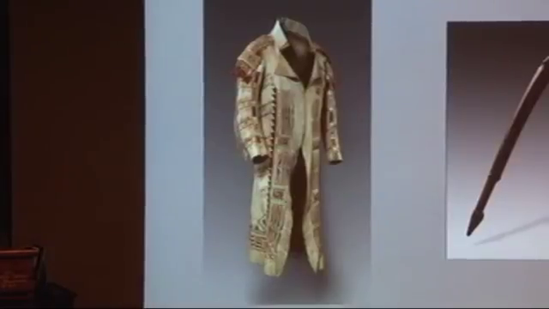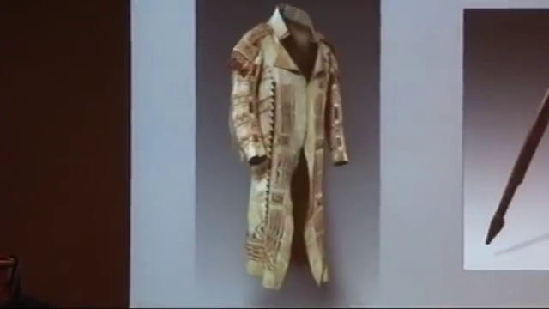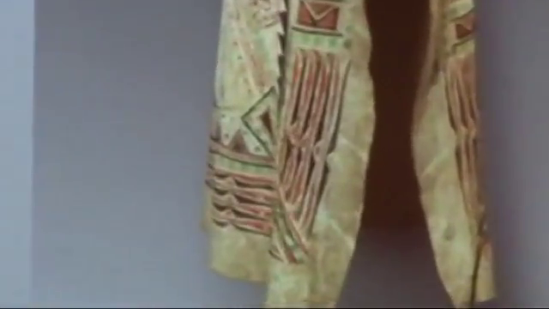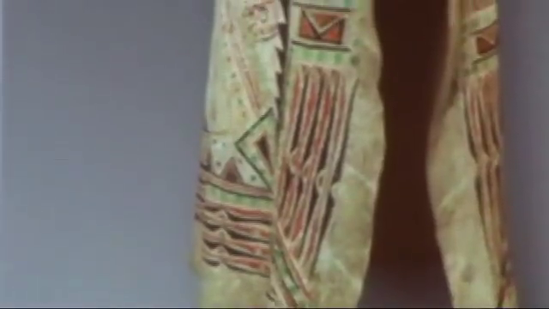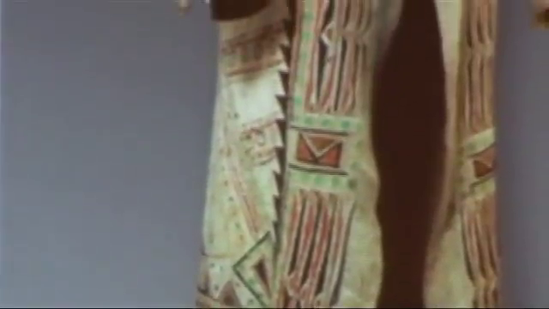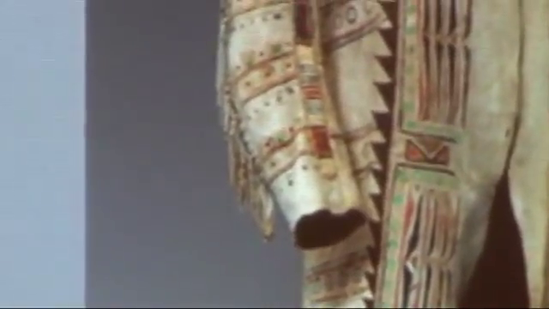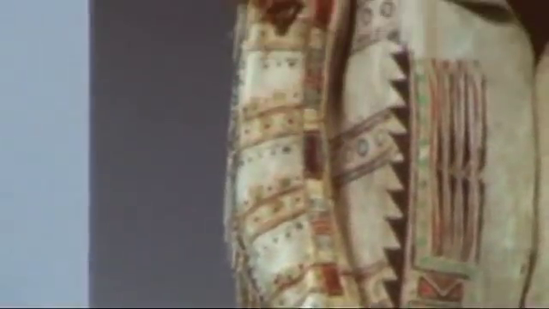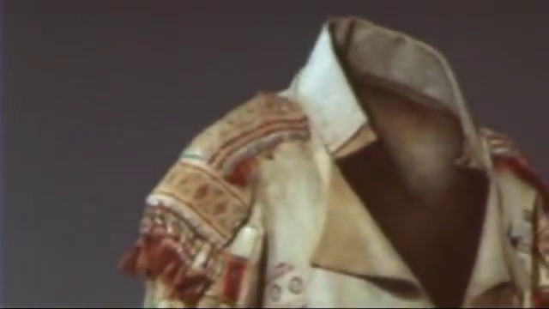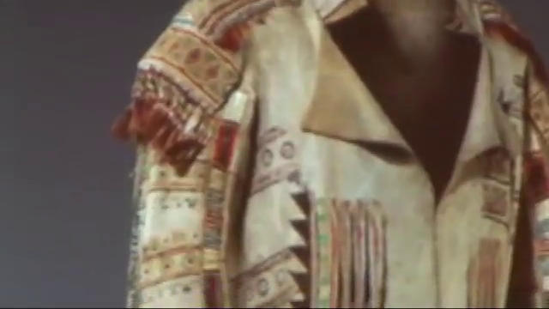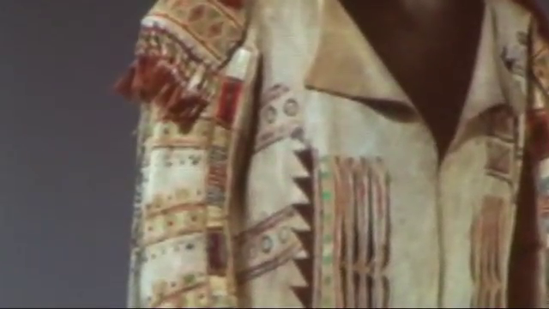And then the linear painting with circles and dots and all of that going on around the back of this thing is something that one would find within Woodlands painting traditions. The quill work is the same way. The epaulets are incredibly fine, woven porcupine quill work. The quill work running down the arms and across the back is something that you would see in a Plains Indian shirt.